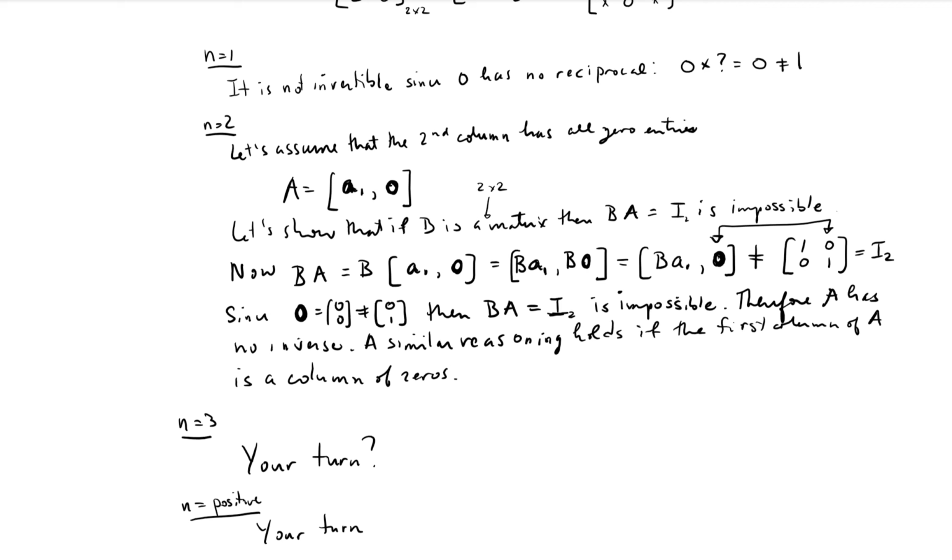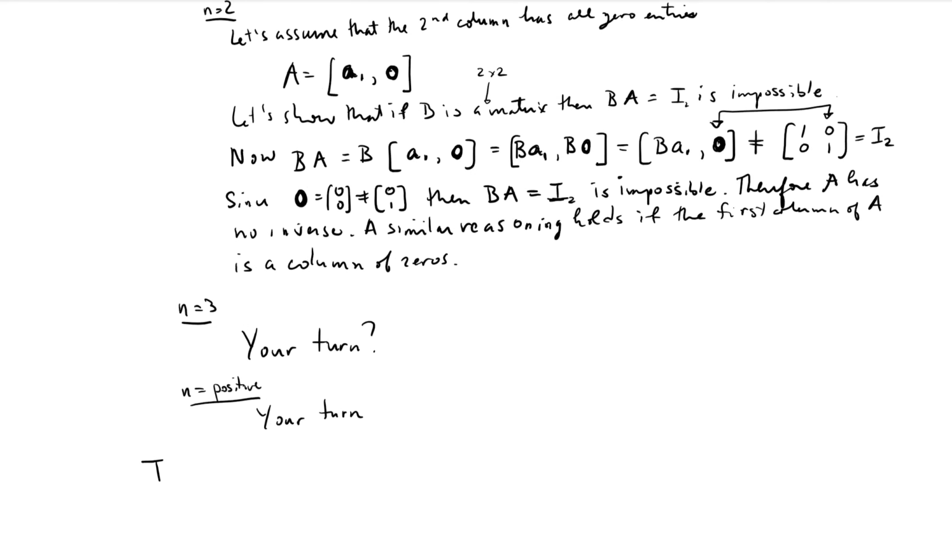If maybe we can frame this, if there is a column of zeros, then the matrix has no inverse.